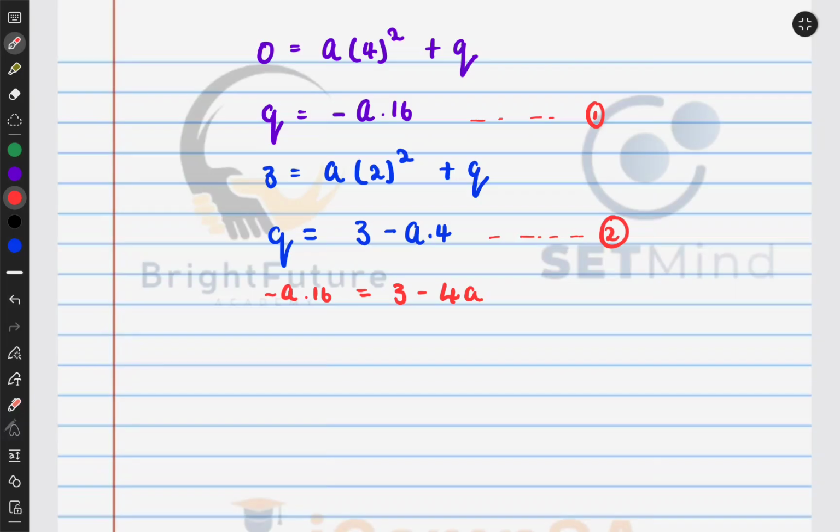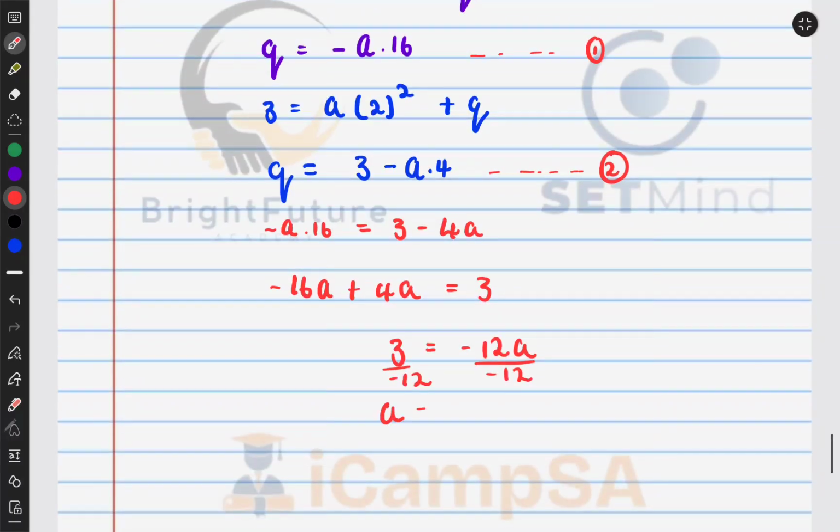So we have negative 16a plus 4a is equal to 3. Negative 16a plus 4a is negative 12. Therefore, we have 3 is equal to negative 12a. We divide by negative 12 on both sides. Therefore, a is equal to negative 1 over 4.